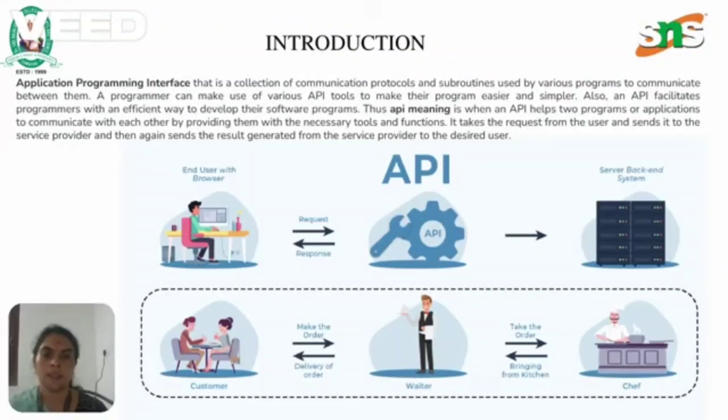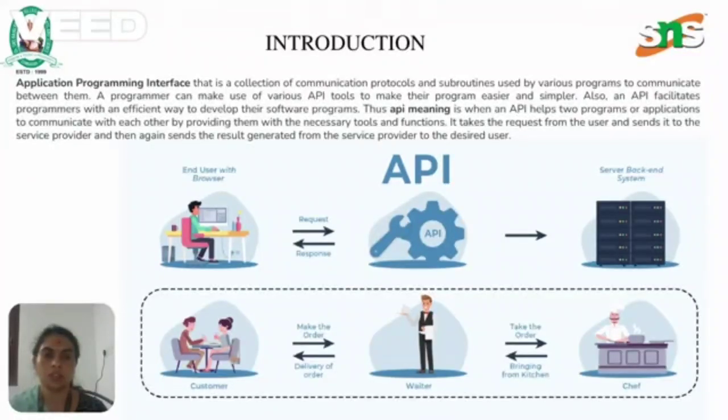Thus, an API helps two programs or applications to communicate with each other by providing them with the necessary tools and functions, and it also takes the request from the user and sends it to the service provider, and then sends the results generated by the service provider to the desired user.